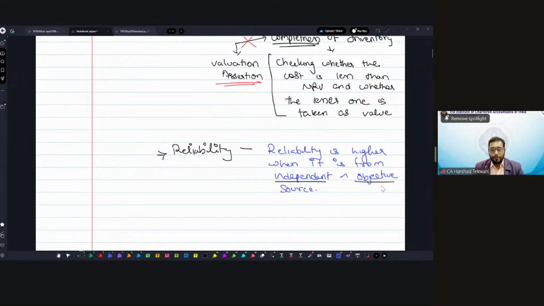Clear? Any doubt with respect to reliability? So with respect to reliability, whether it's internal or external, it should be independent and objective. Yes, that is the conclusion, sir. Okay, fine. Thank you.